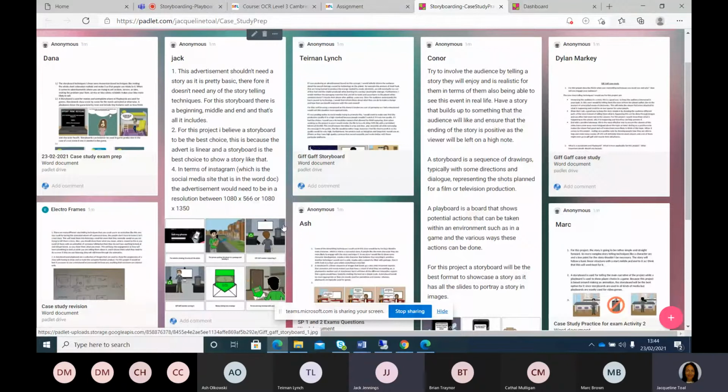When I was looking at this one, because it's an advertisement, I didn't really think there were any of the main storytelling techniques that could really be used. One of the ones I said was that it's something a character or the viewer watching it will be able to see and think that they can do themselves, because obviously it's an advertisement about recycling phones, so it is for cash.